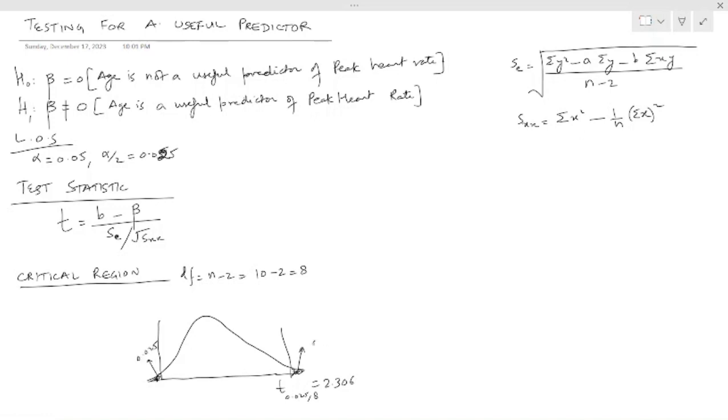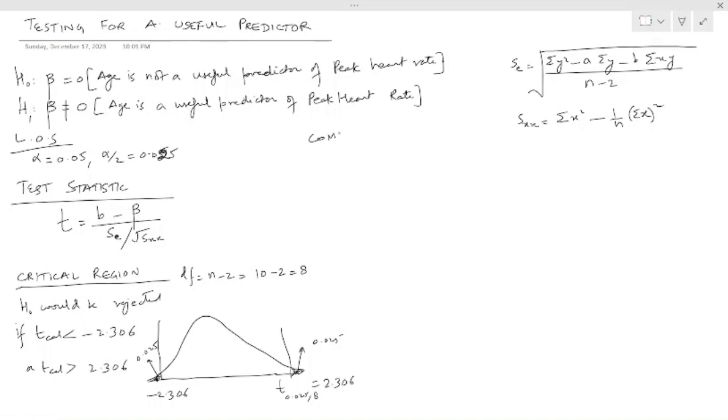The rejection region of 0.025 we define on the left hand part as well, and that would take the same value of t with a negative sign. Consequently, the rejection rule can be stated as H naught would be rejected if the computed value of t is either less than minus 2.306 or greater than 2.306.